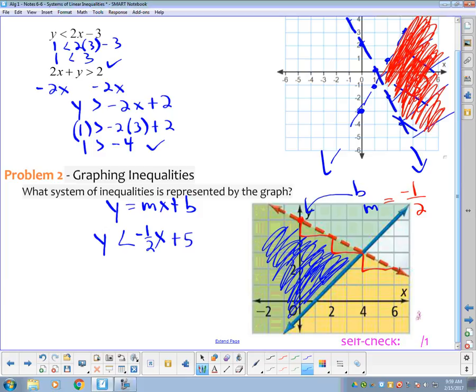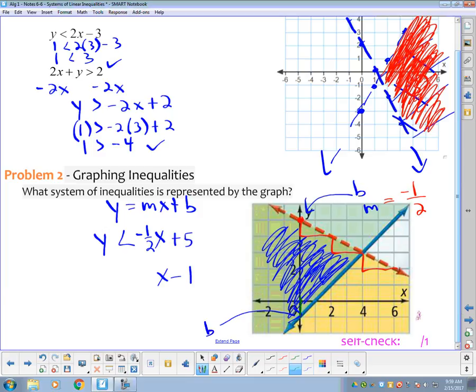Okay, let's work backwards on this one right here. Can you tell me what b is on this solid blue line? It looks like it's -1, so we put -1 in for b. The x is always in the inequality, so the x is there. What's my slope on this one?